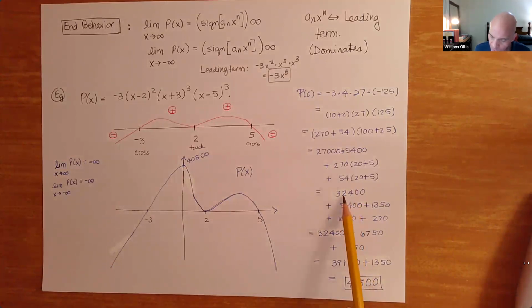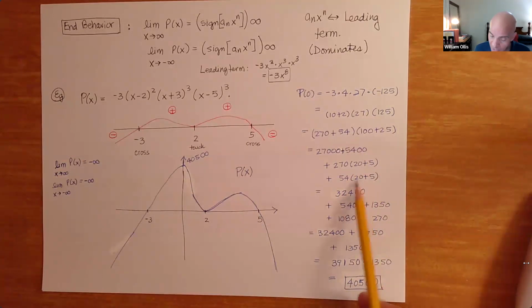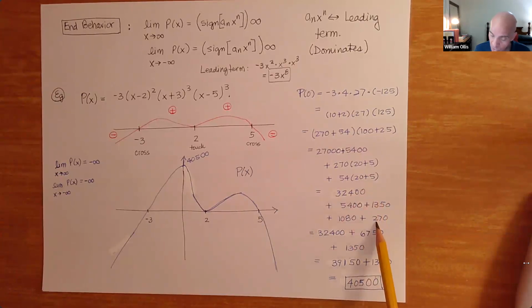We end up with the 32,400. And then when we multiply here, we're going to get a 5,400. And then, of course, the 5 times the 270 will give us 1,350. And then, of course, we just keep going. The 20 times the 54 will give us 1,080. And then, of course, the 5 times the 54 will give us 270. And then we can simply add these, because adding the numbers once they're multiplied is very simple.